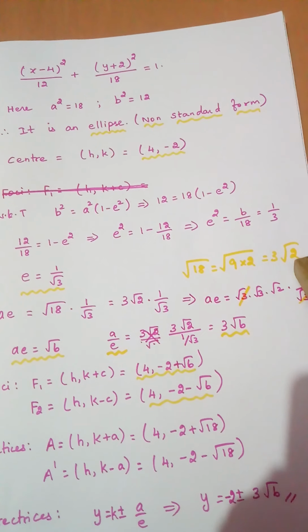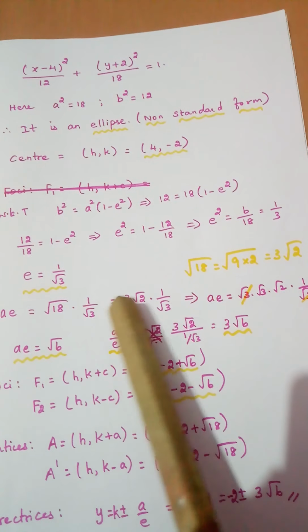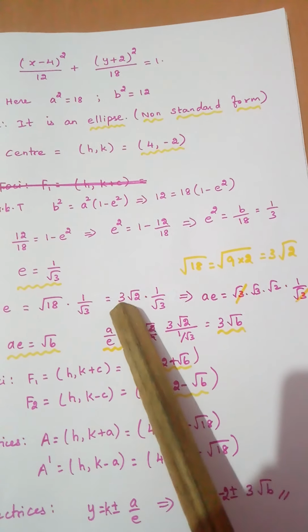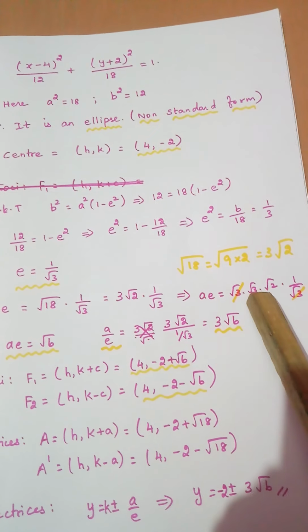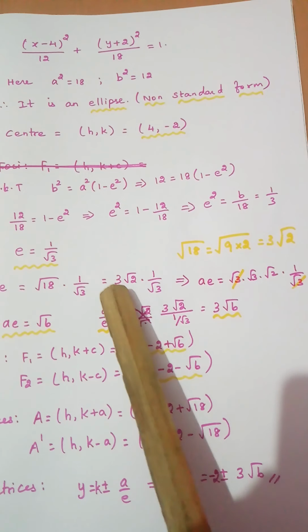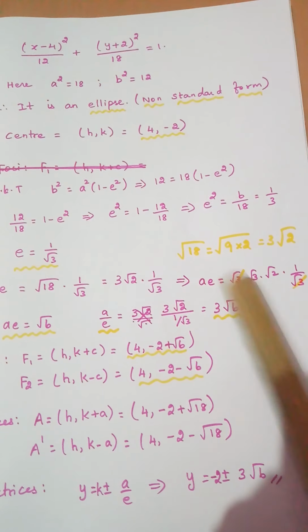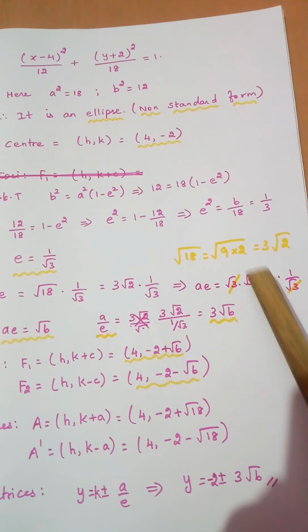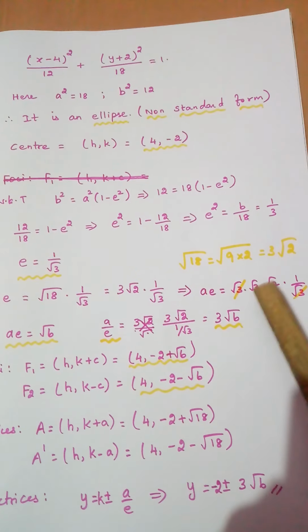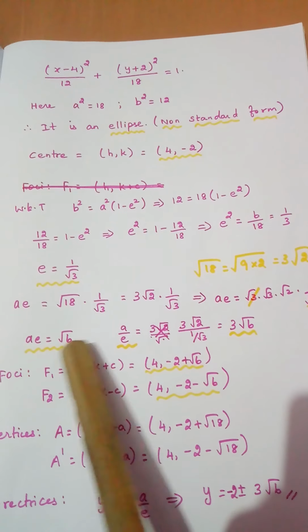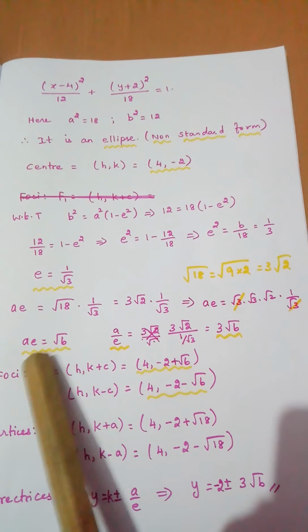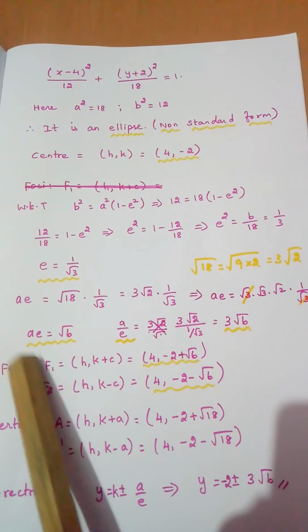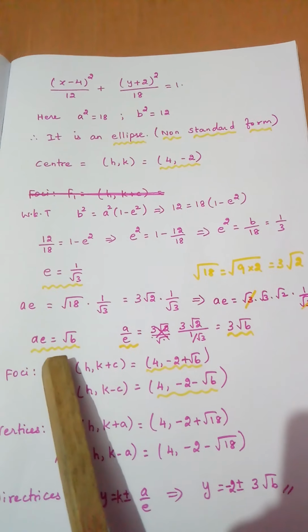So root 18 is written as 3 root 2 by root 3. And again 3 is written as root 3 into root 3. You will agree, I think. This root 2 is here, 1 by root 3 is here, so the root 3 gets cancelled. Root 2 into root 3 is nothing but root 6. So AE value is root 6. Write the calculation and see whether it is right or not. AE is equal to root 6.